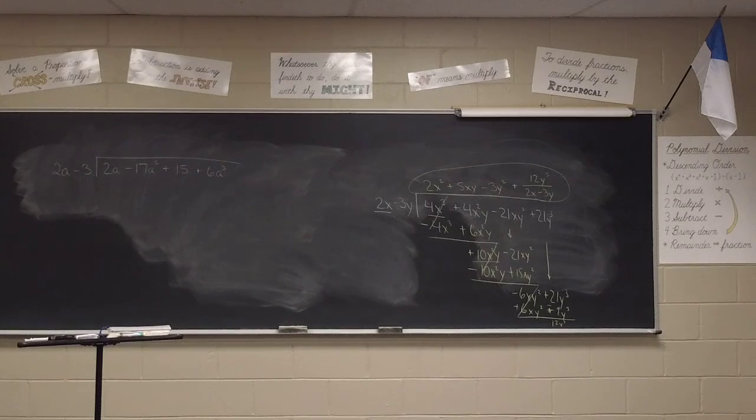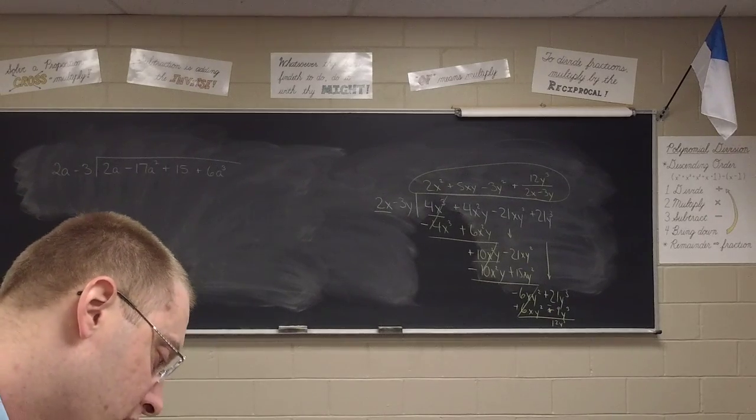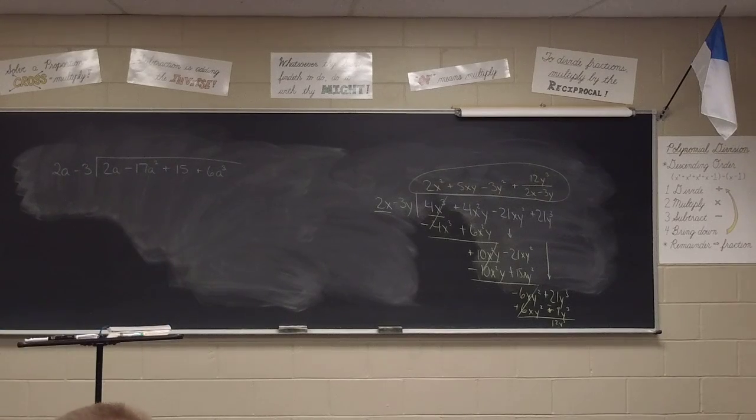Here, keep the sign of the greater. So it's going to change what you were about to write down. Okay, right here, everything was going really well, and then when you divided the first by the first, we ran into a little trouble.